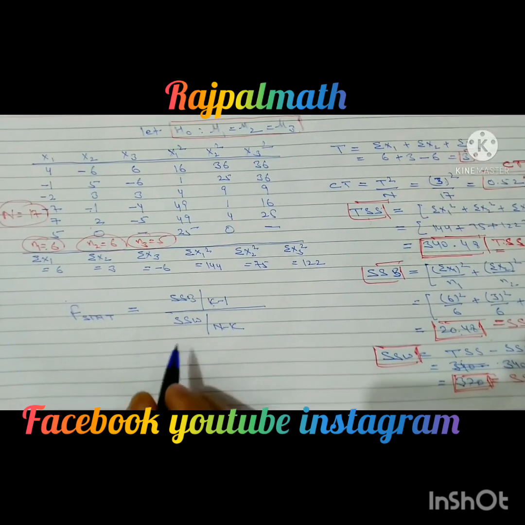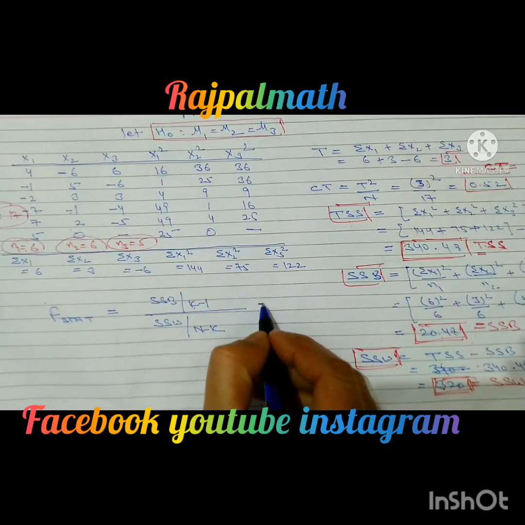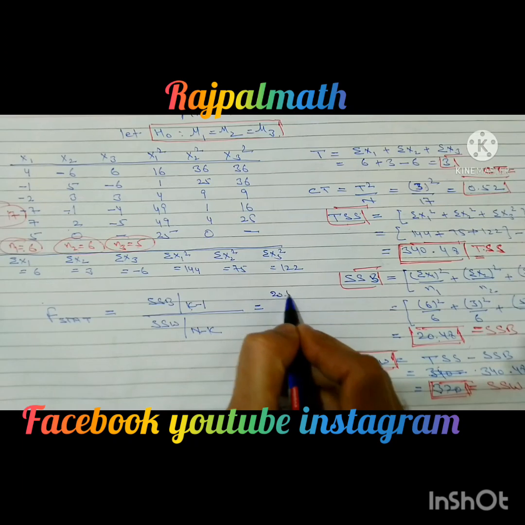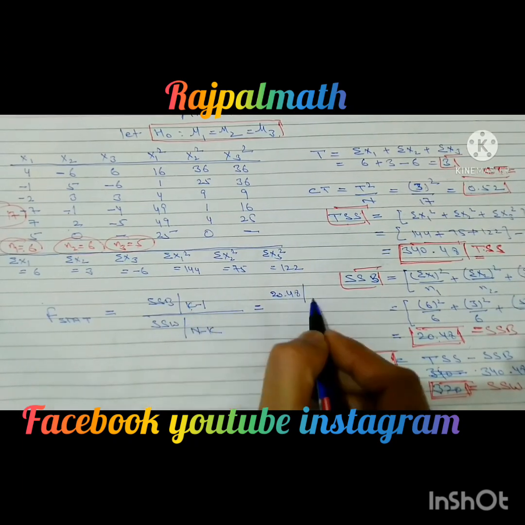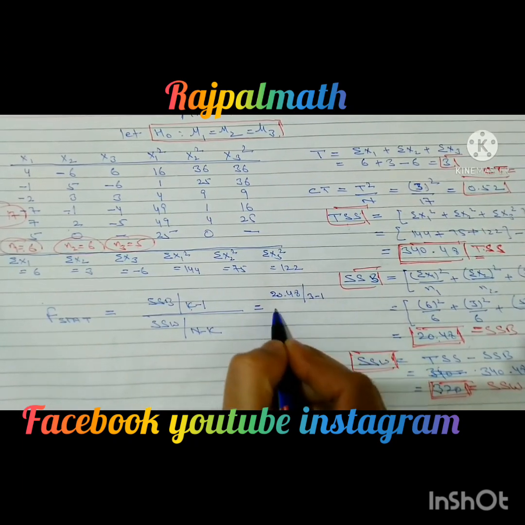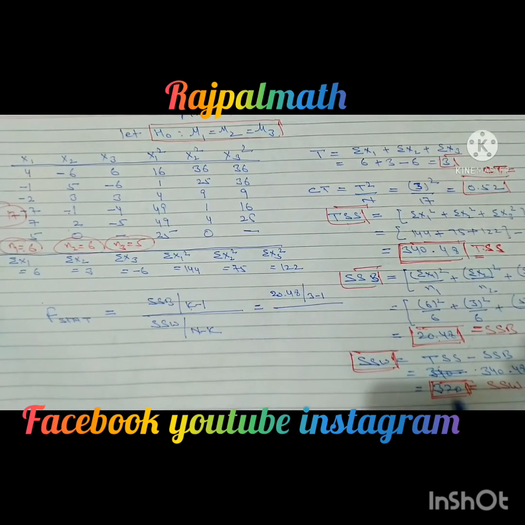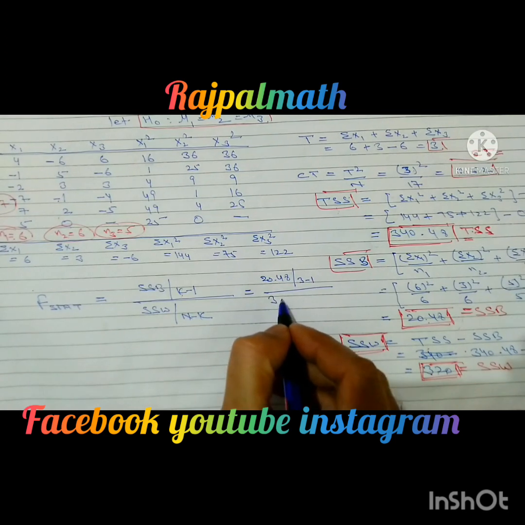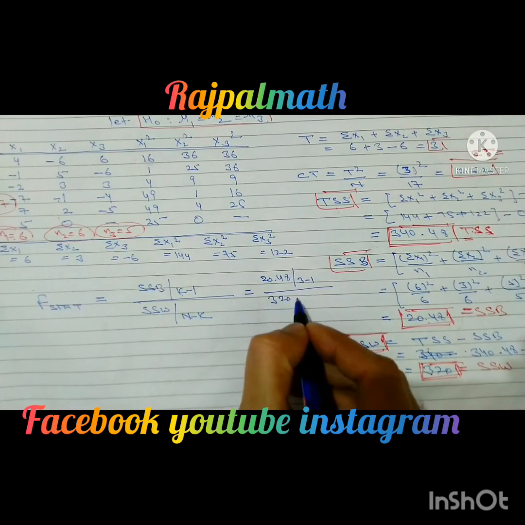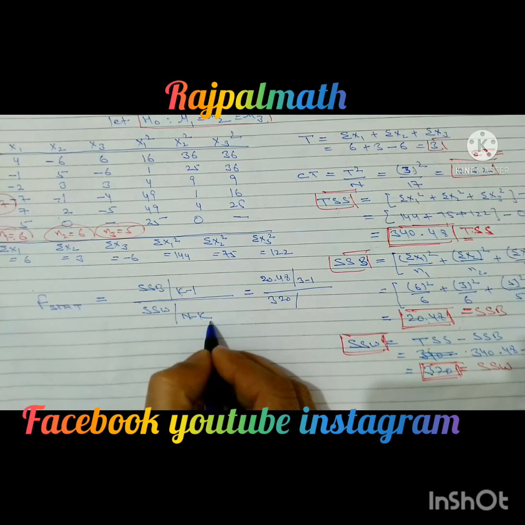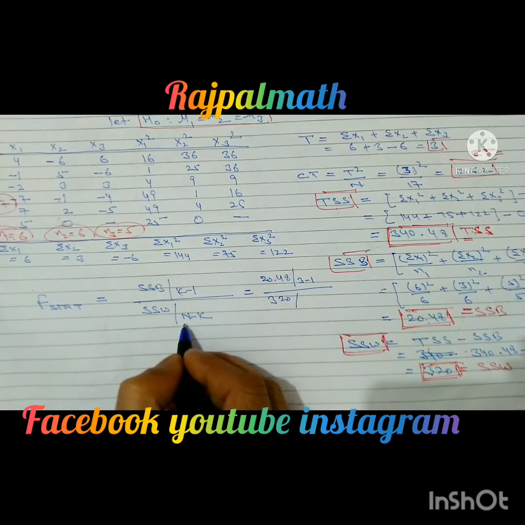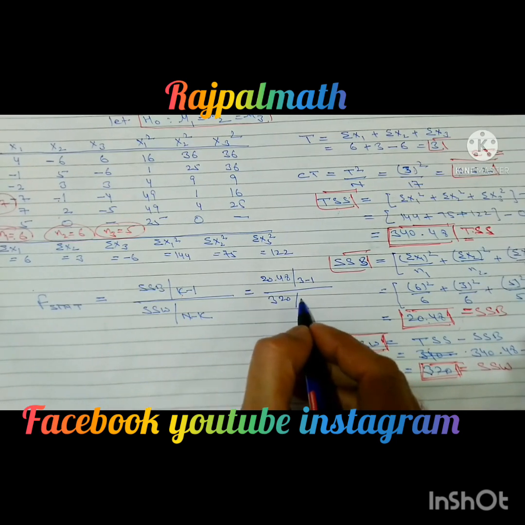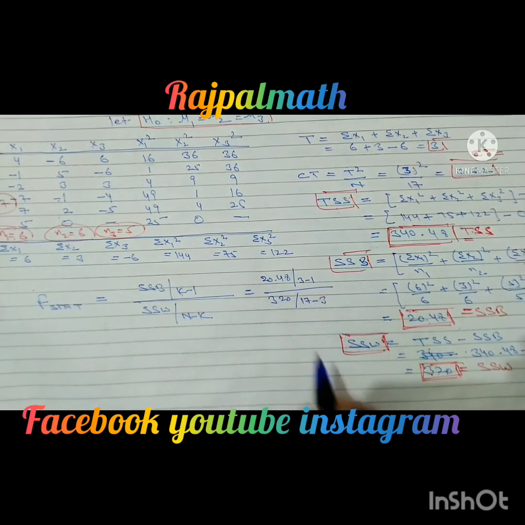By putting these values, we get SSB is 20.48 divided by K minus 1, meaning 3 minus 1, over SSW is 320 divided by N minus K. N is 17, 17 minus K, K is 3, 17 minus 3.